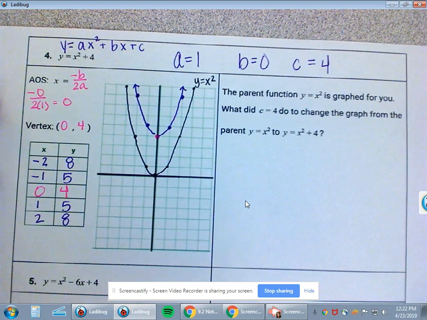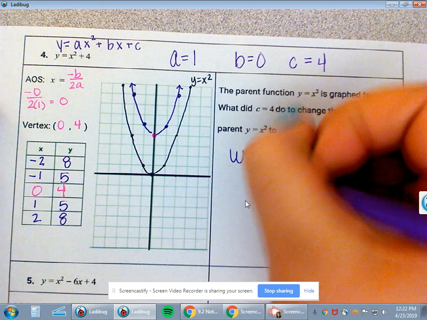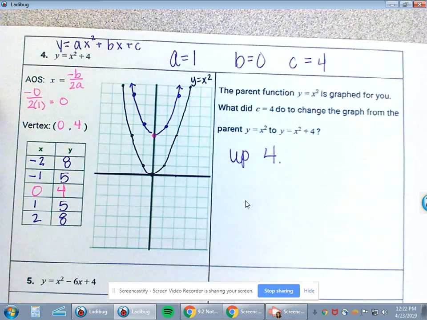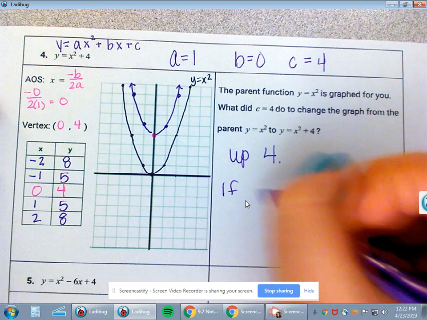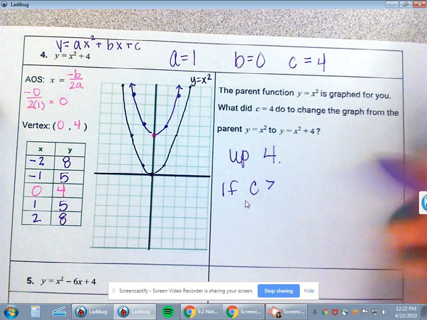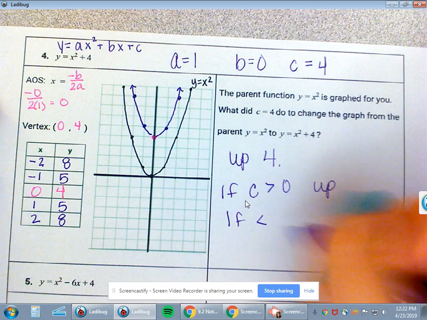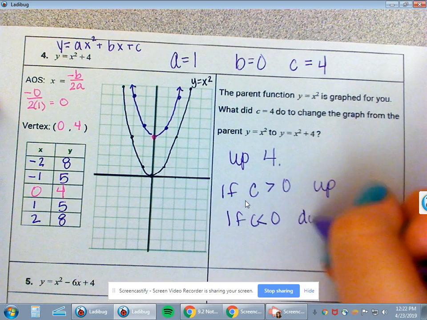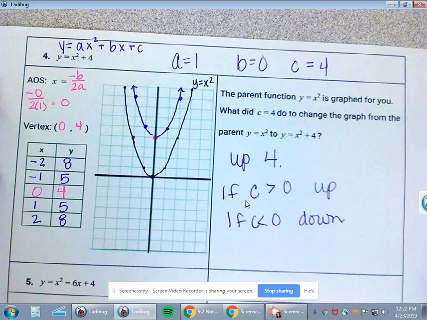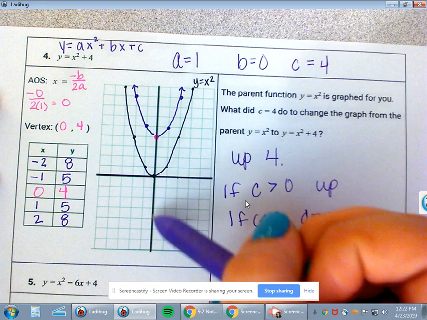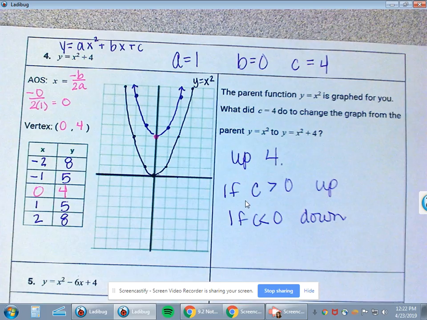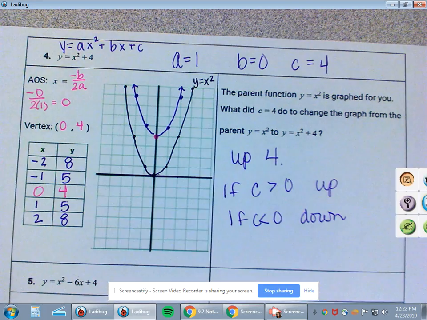So what did this do to the parent function? It moved us up 4. And we could reason that if c is greater than 0, then it would go up. And if c was less than 0, it would go down. So you can imagine if this was minus 4, then it would have just dropped the whole thing down. So those are a couple things happening with c.